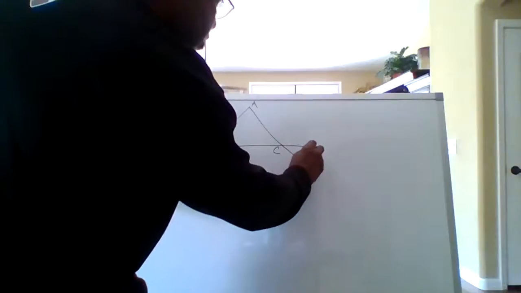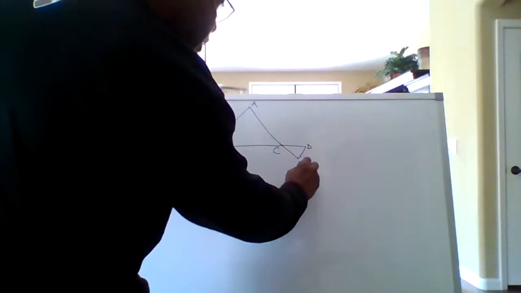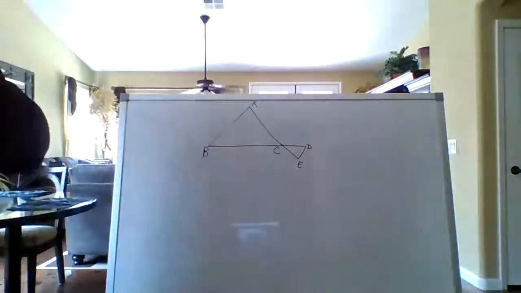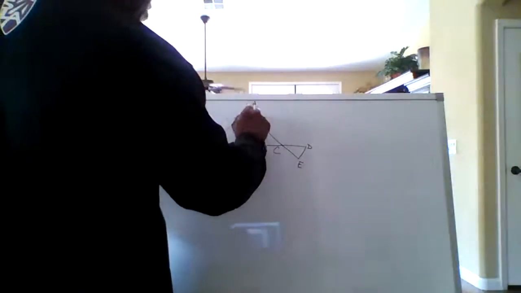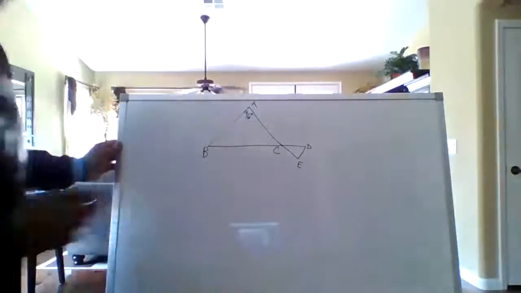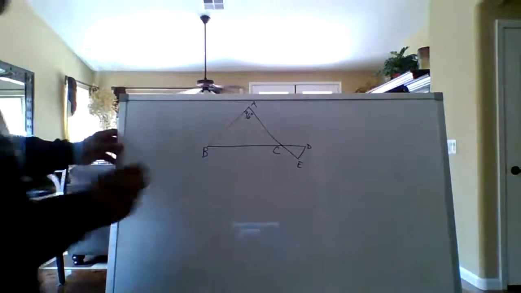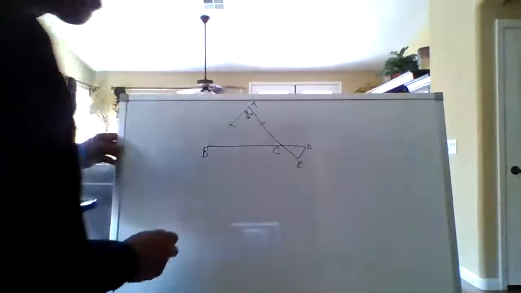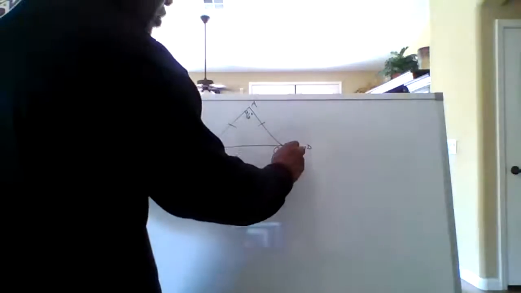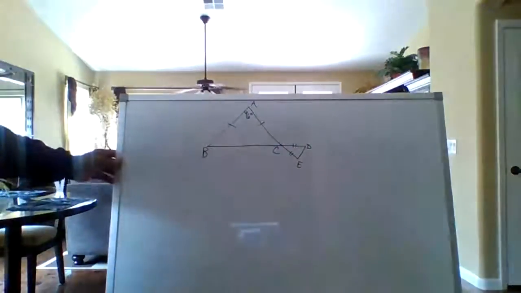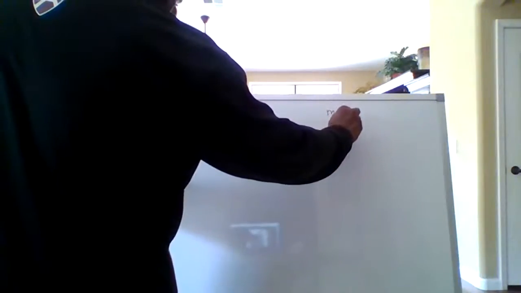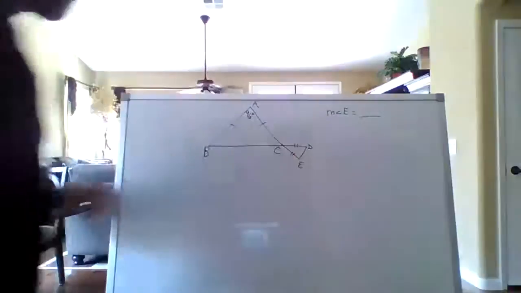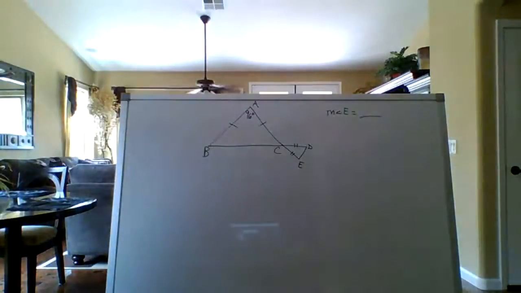I'm going to call this angle D here and angle E here. Okay. Now angle A is 96 degrees. And I have these two sides congruent, and I have these two sides congruent. So let's find the measurement of angle E.